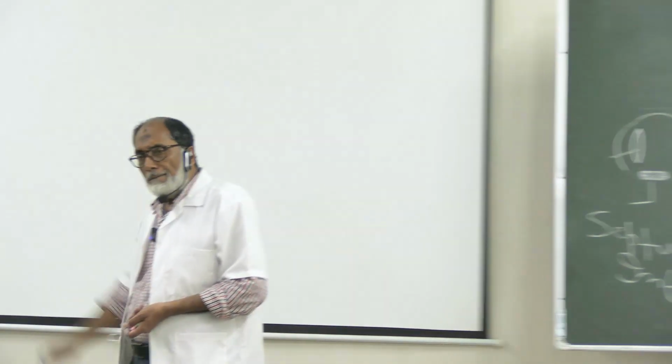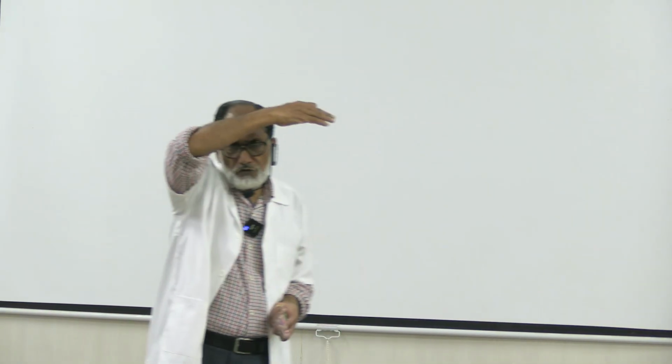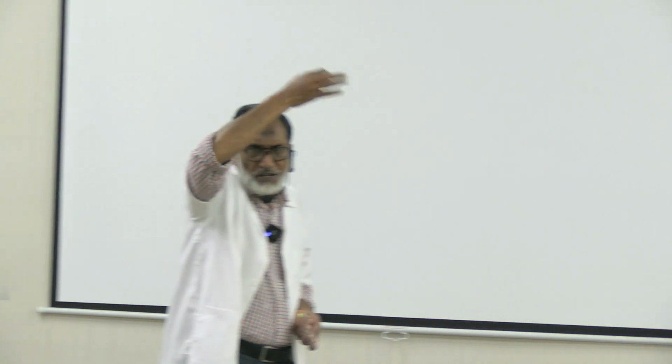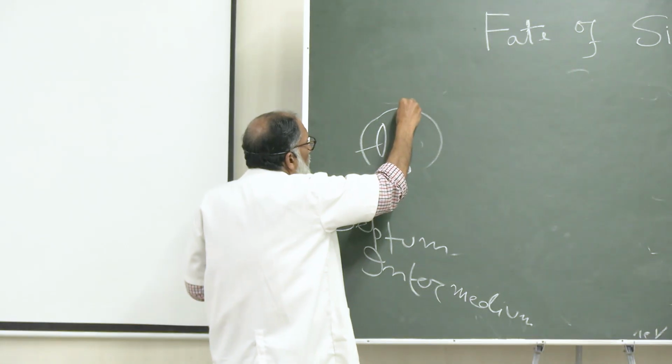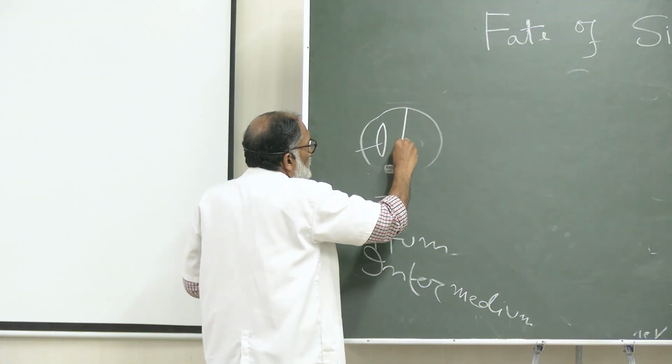Now I am talking about the septation of the atrial cavity. From the roof of the primitive atrium, one septum develops.